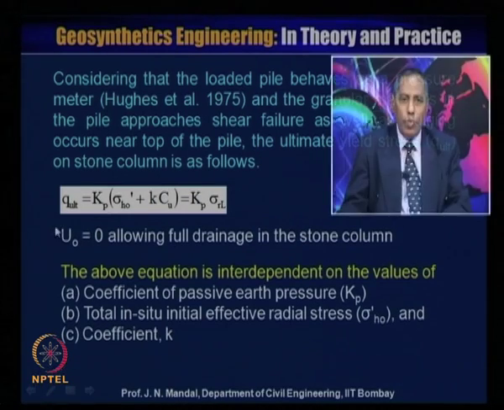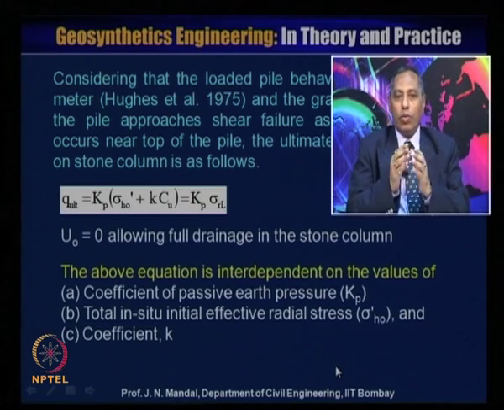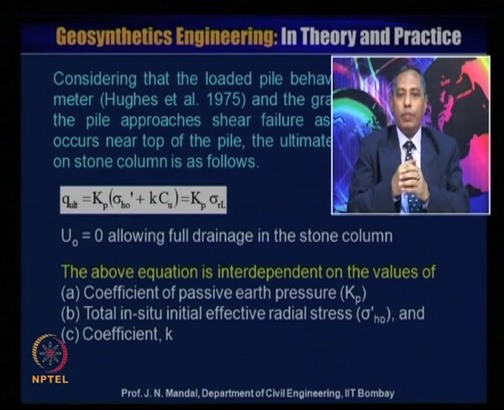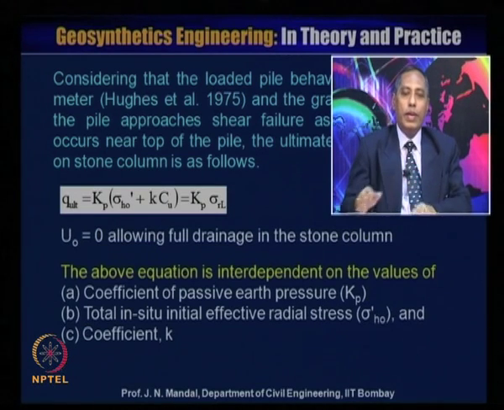That is, Q ultimate is equal to Kp into sigma H0 dash plus K into Cu, which is equal to Kp into sigma RL, where U0 is equal to 0, allowing full drainage in the stone column. The above equation is dependent on the value of A, coefficient of passive earth pressure Kp, B, total in situ initial effective radial stress sigma dash H0, and C, that coefficient K.